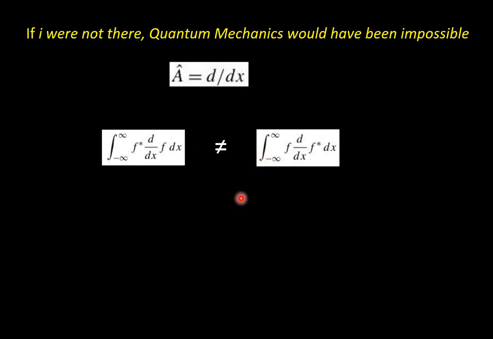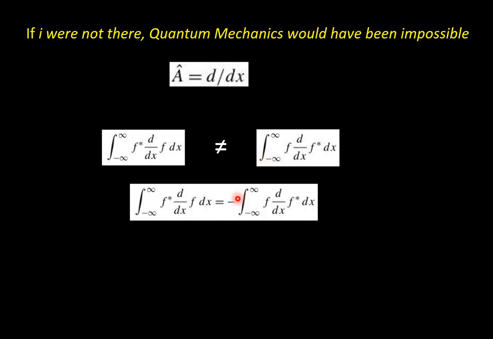Rather, it can be shown that this is equal to minus of this, whereas the demand was without the minus, if d/dx is a Hermitian operator. So what we see here is that d/dx is not a Hermitian operator. Okay, but I will make you, that means operator A, Hermitian.